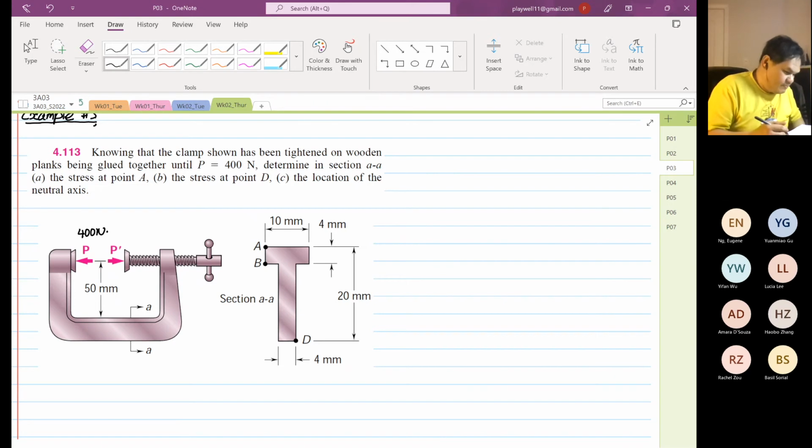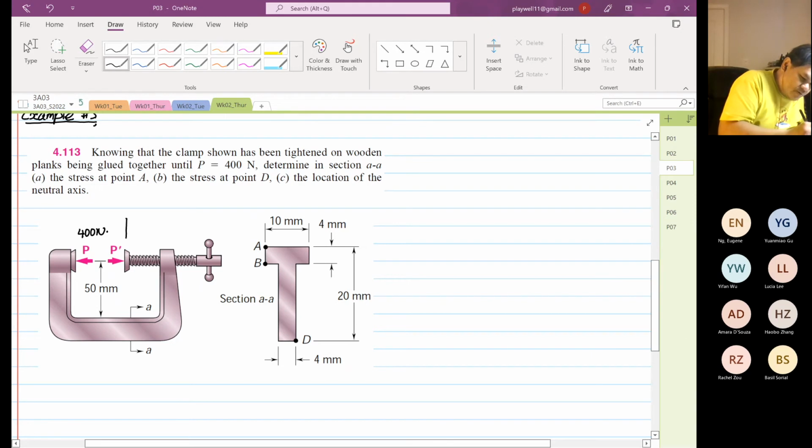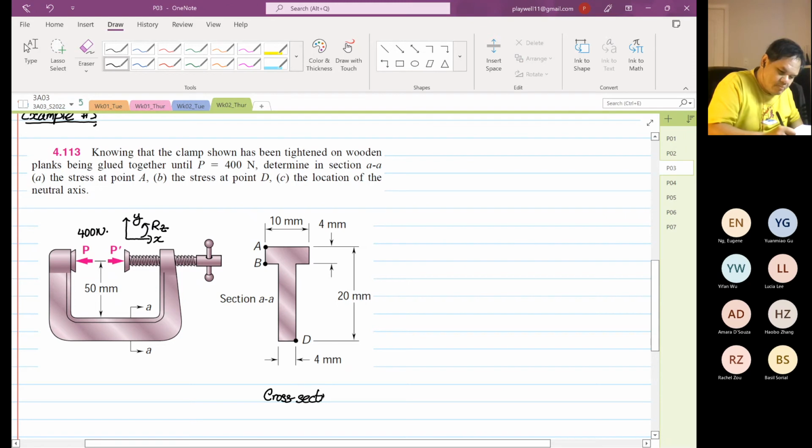So if we were to sketch our transformation, right? So this is our X, and this is our Y, and this will be our rotation about Z, right? And on the right hand side is our cross-sectional view. Okay.